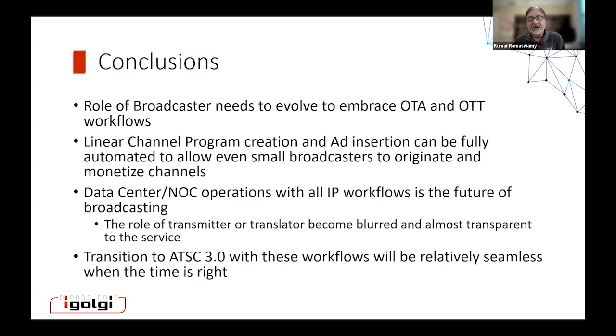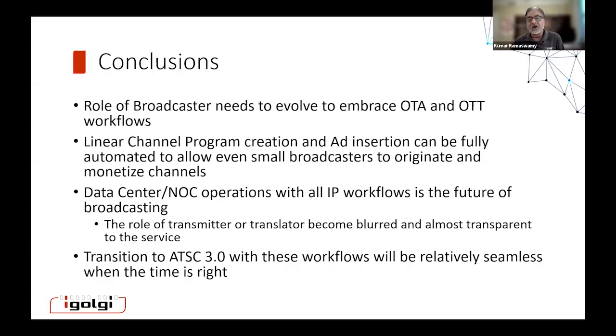Data center NOC operations are all IP workflows. Systematically, people need to do away with SDI and ASI and all the workflows that exist today and go towards all IP. The other interesting aspect of all of this, particularly relevant for people who manage translators, is that the role of the transmitter and the translator becomes blurred in the service.